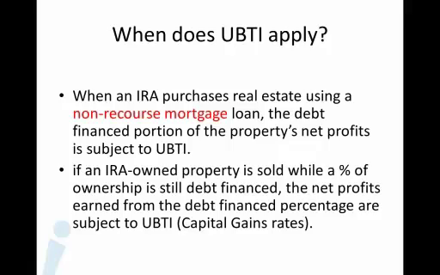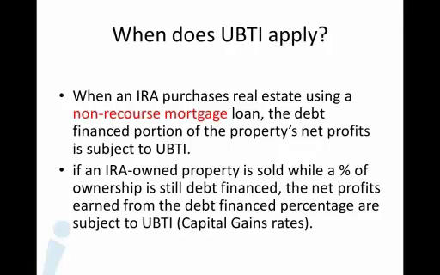And the same thing here on the capital gains, the second bullet point, same exact situation where the property is 75% leveraged. Let's say that the IRA now sells the real estate. It's still debt financed. So then we have to look at what's the capital gain that we have. And in this case, we would take 75% of that, or whatever the amount is that's financed, and that would be taxable.